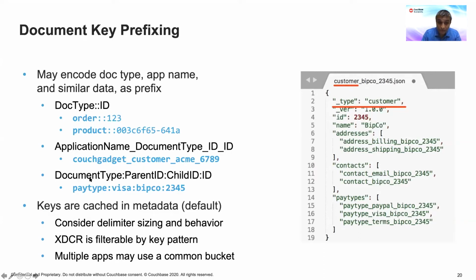Or document type:parent type child ID, like pay type:visa, this customer name, the ID. Quite possible. So the question is, why am I prefixing here? What if I do not prefix? Let's take a simple example for that.